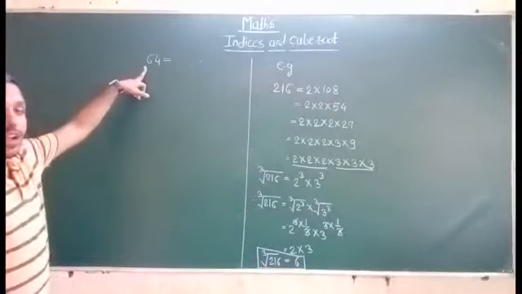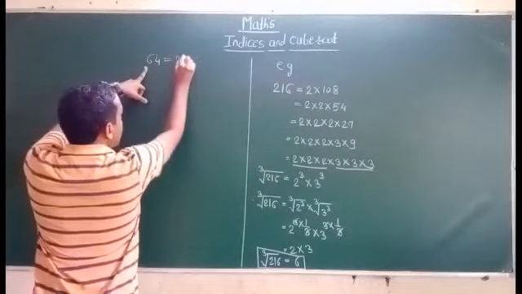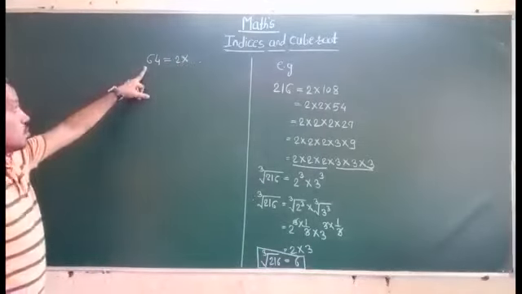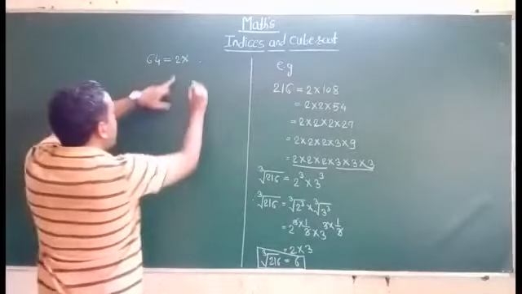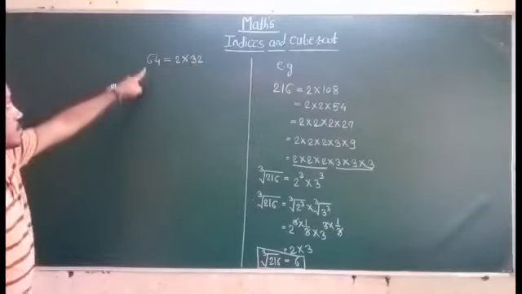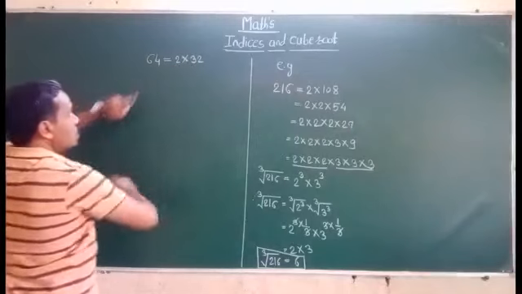So 64 is completely divisible by 2. So we split up 64 in a product form of two numbers. When we divide 64 by 2, we get the answer 32. So we split up 64 as a product of 2 and 32.